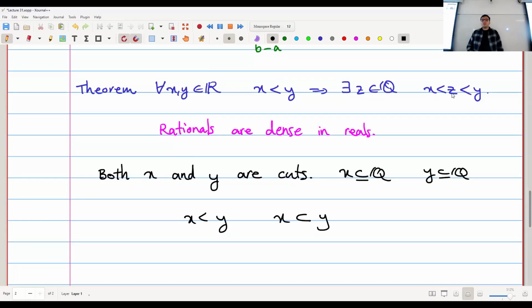So what does this mean? This means that there is something in Y that is not in X. Let's call that Z. So there exists a Z in Q. Again, both X and Y are sets of rational numbers. So there exists an element in Q such that it's in Y, but it's not in X. Okay, this is exactly the Z that I want.